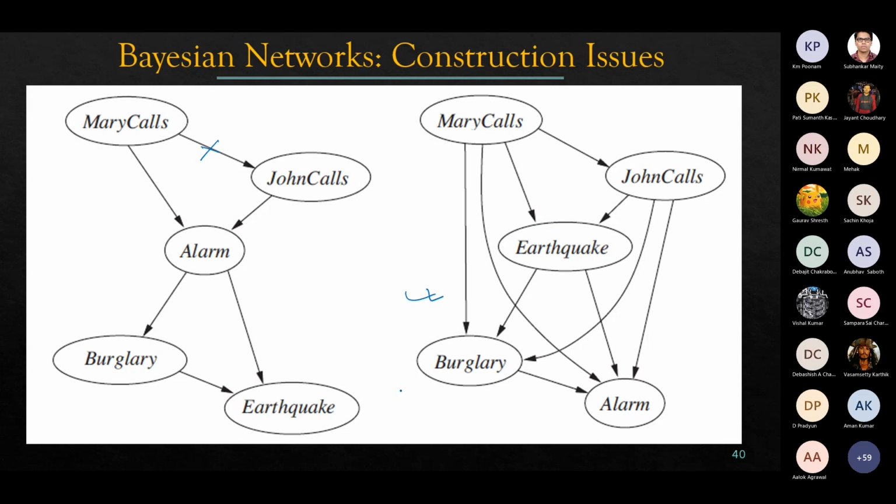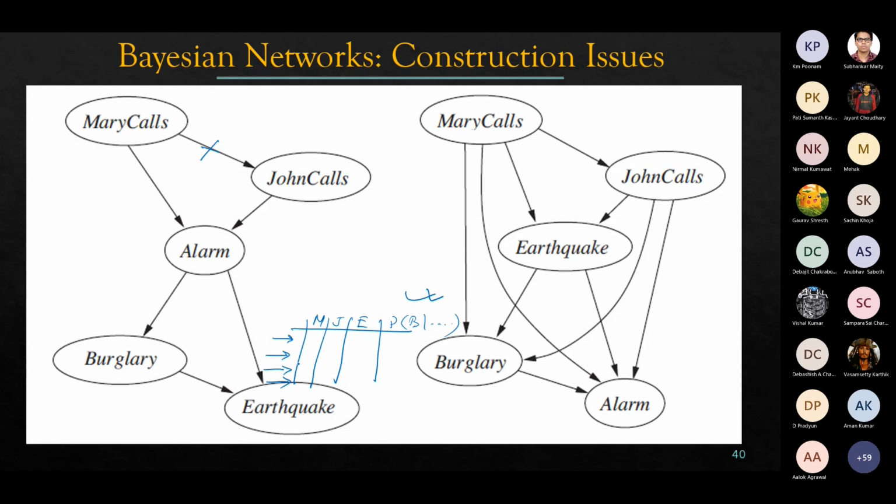For example, here burglary has three parents, so we'll have a CPT with three variables, like Mary calls, John calls, and earthquake, and you have the probability of burglary given all these. So you are unnecessarily increasing the parent set, and as you do that, you are increasing the number of assignments, which is not really wise to do.